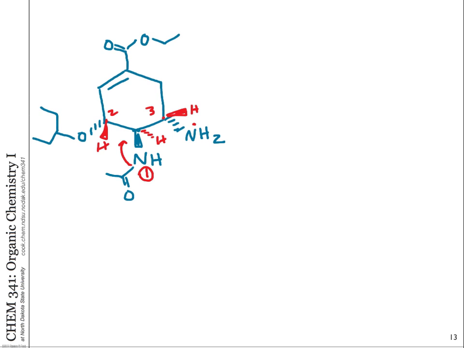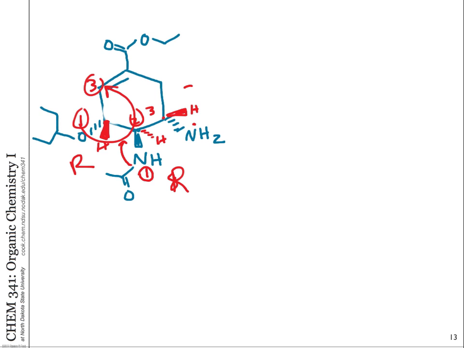So this would be, the previous one, did I say counterclockwise? Yeah, I meant clockwise. This is going clockwise, so this is the R configuration. And then finally, for the last example, oxygen is number 1, the carbon with the nitrogen is number 2, and this is number 3. We're going counterclockwise, but our hydrogen is coming up. That's the R configuration.